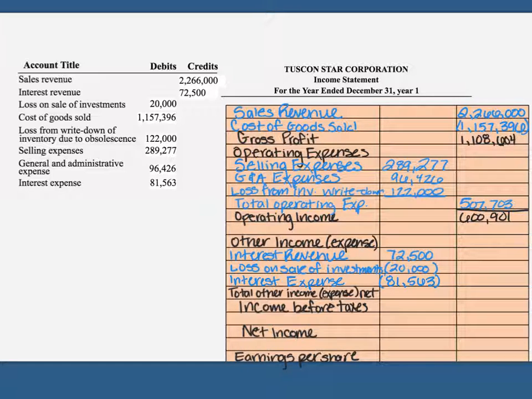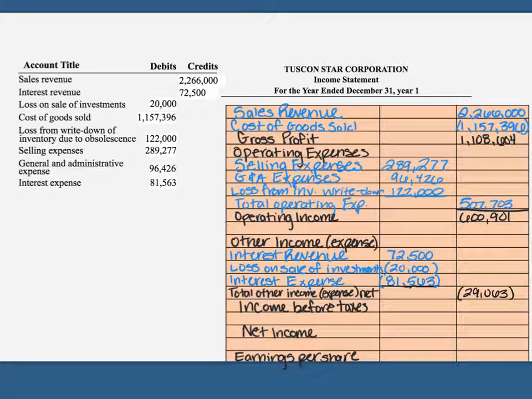With that, we can then take the net of those three accounts and find our total other income or other expense. If we do that, we come out with an expense or a loss of $29,063.